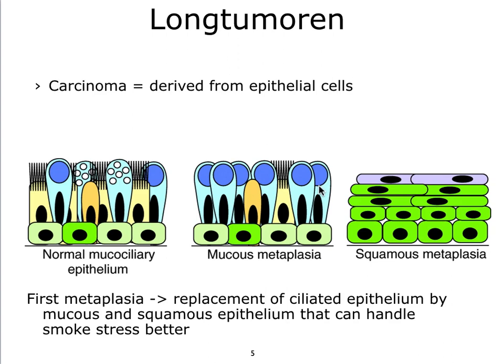So that's why smokers also tend to cough a lot, because they make lots of mucus. When that is not enough anymore, you get squamous metaplasia, and that is replacement of the ciliated epithelium by a squamous epithelium that can handle the smoke stress better. So these squamous epithelial cells are flatter, they don't have cilia, and they're much better at withstanding smoke damage.